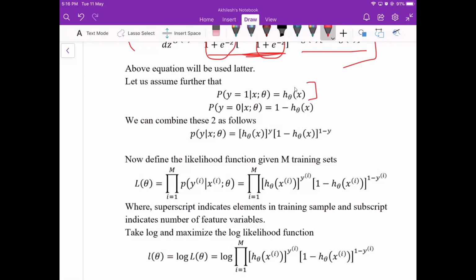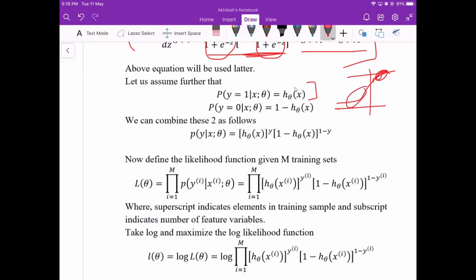This is the first part of this one, when you have this logistic function. Just assume 1 for this part, and the other part is this one.